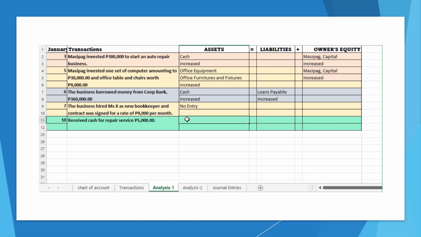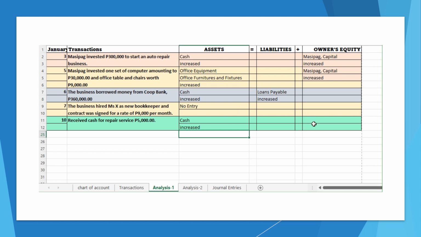Okay, January 10, received cash for repair service 5,000. So what is received? Cash. So cash is increase. Cash is increase. Okay. How about the accounts affected? Other account or accounts affected? Okay.